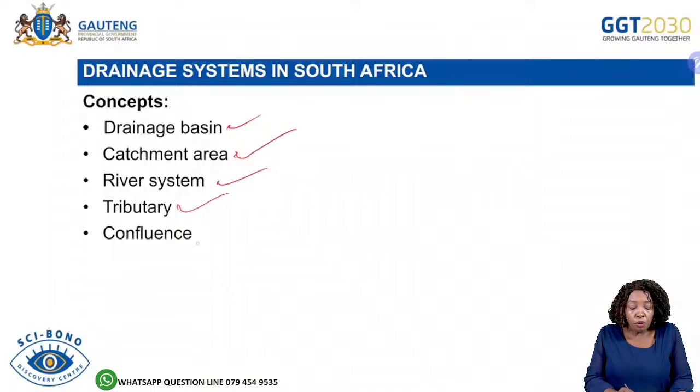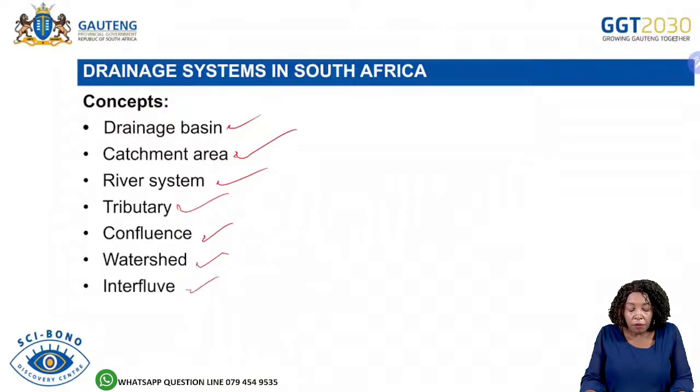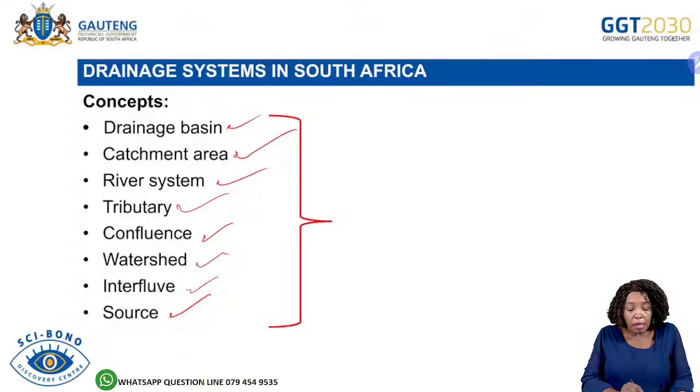We also are going to look at the concept of confluence, what a watershed is, and then what an interflow is, and also concepts such as what is a source, and also being able to identify it on the illustration.